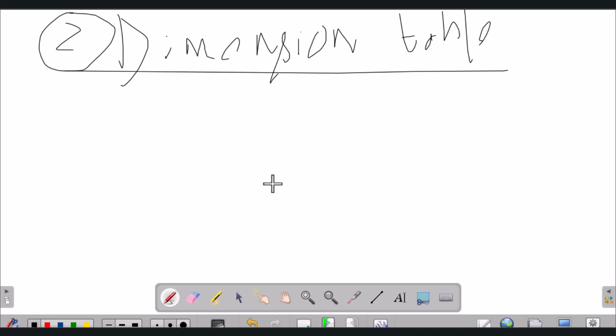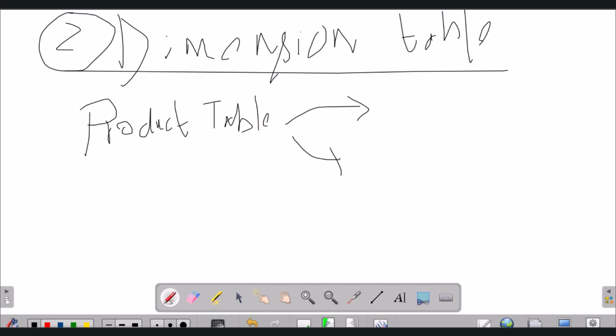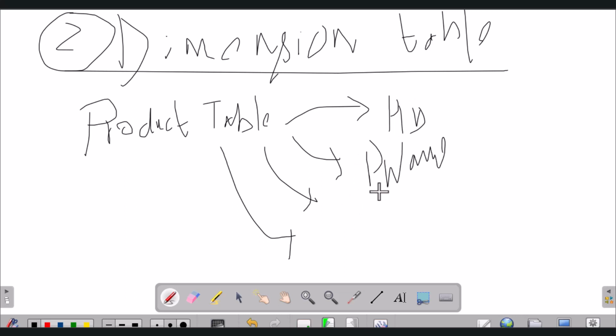For example, for the product table, we can consider product ID, product name, and category. These are the three things we can consider.